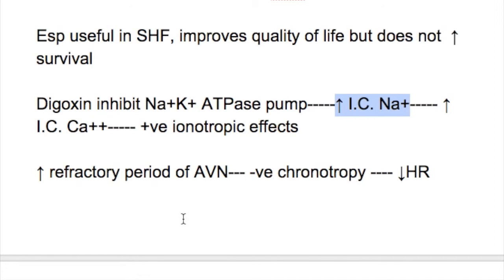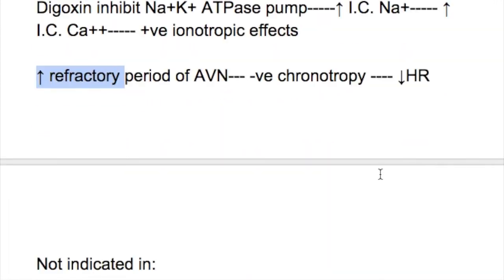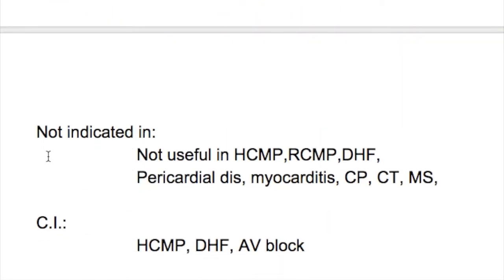And how does it cause decrease in heart rate? It increases the refractory period at the AV node so that it decreases the heart rate. So when is digoxin not indicated? It is not useful in hypertrophic cardiomyopathy where there are thick walls, restrictive cardiomyopathy, dilated heart failure, pericardial diseases, myocarditis, constrictive pericarditis, cardiac tamponade, and mitral stenosis.